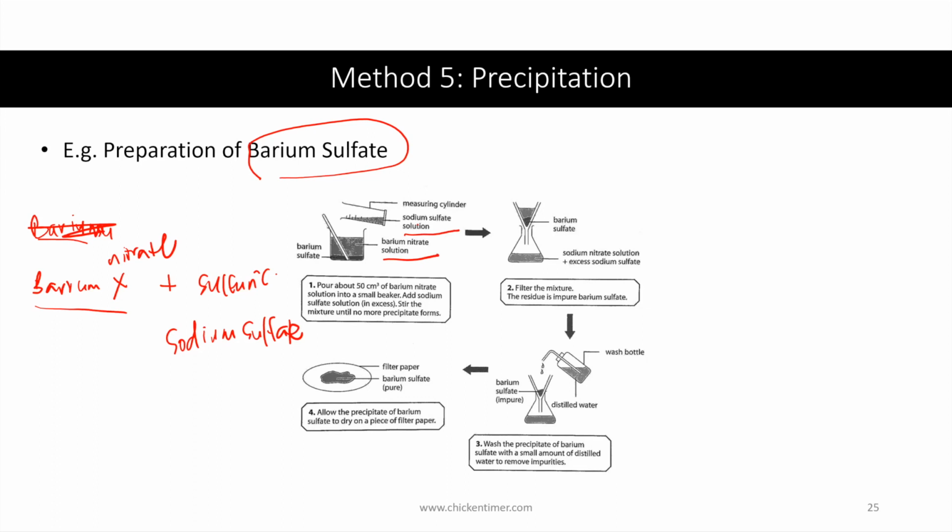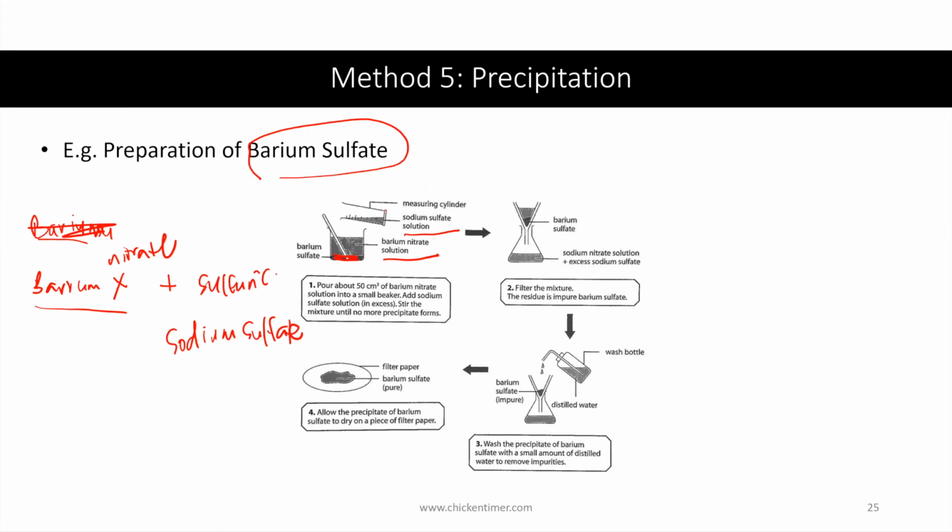So what they do is they pour the two solutions together. Then immediately barium sulfate is formed at the bottom of the beaker. Then you stir until no more precipitate forms. Then you will filter the mixture.